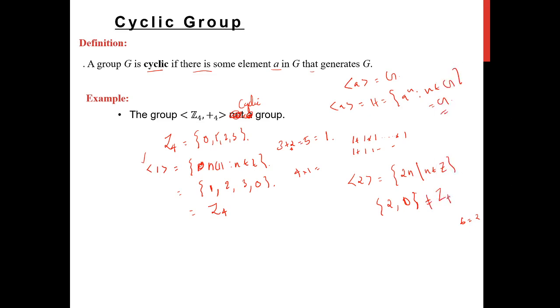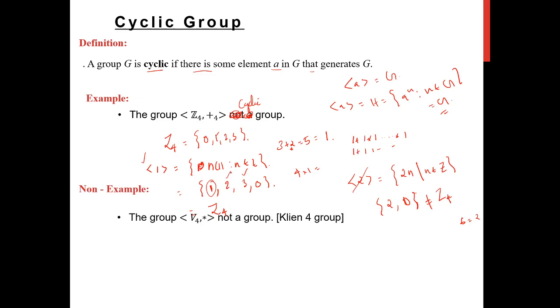So 2 doesn't generate. But we have one element, 1, that generates Z4, therefore it's cyclic. If we have at least one element that generates Z4, then it's cyclic, and we can check whether the other elements generate Z4, and we can calculate the number of generators.